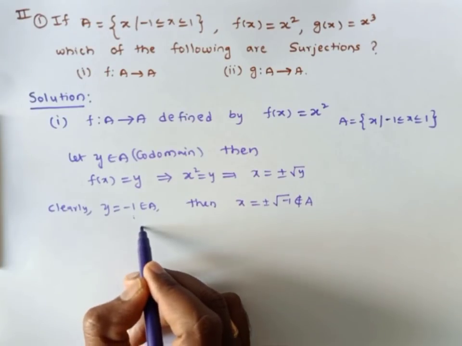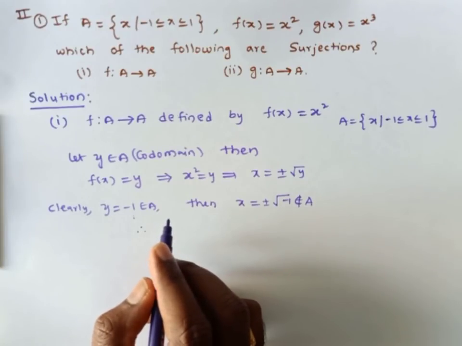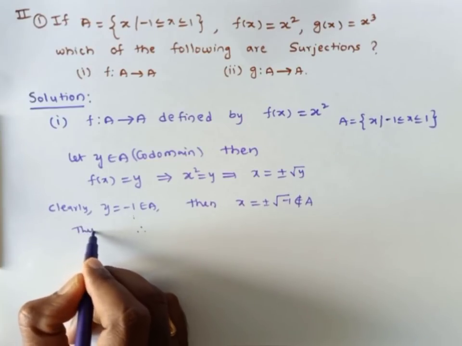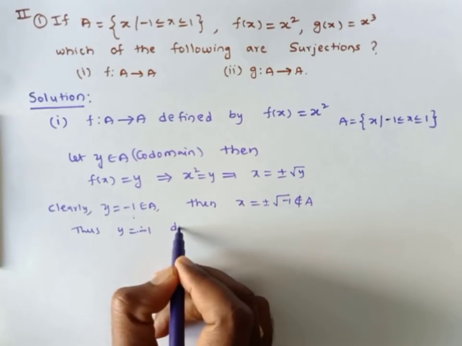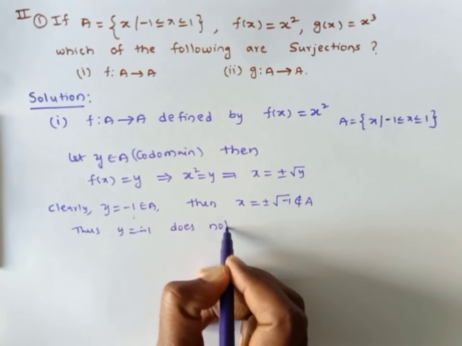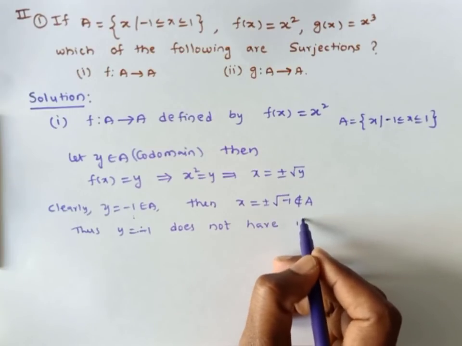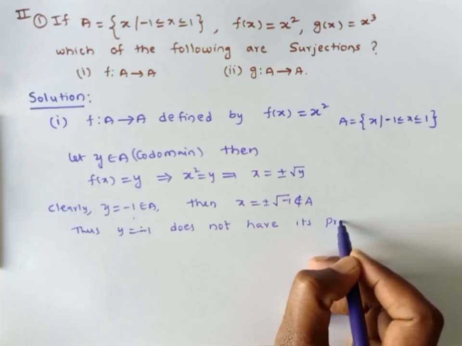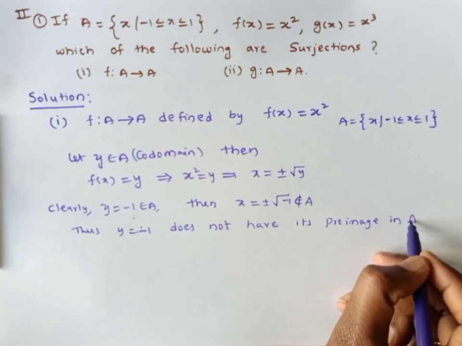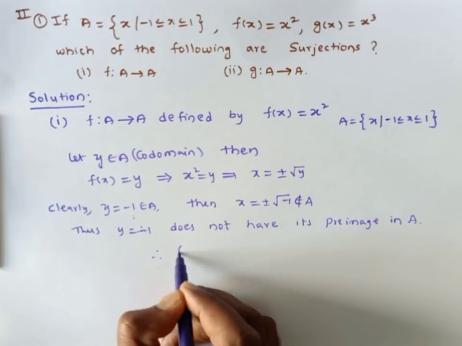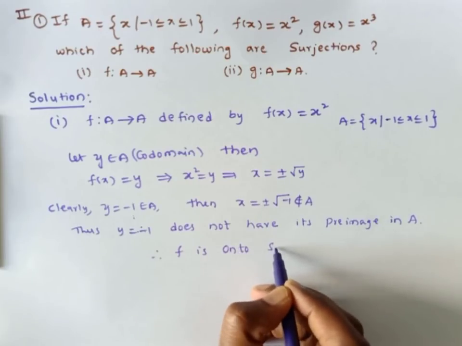Therefore, you can simply write that y equals minus 1 does not have its pre-image in the domain set A. Therefore the given function f is not a surjection.